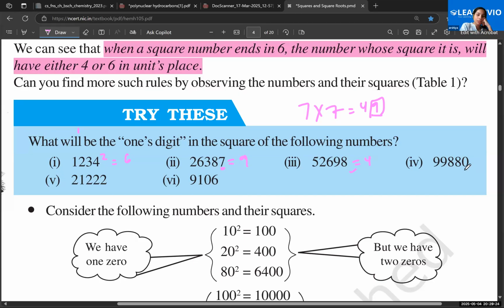And for that, 0. What about 6? 6. What about 2? 2, 4. Okay. Yes. All right.